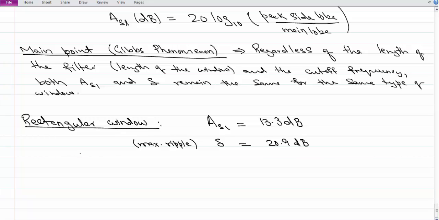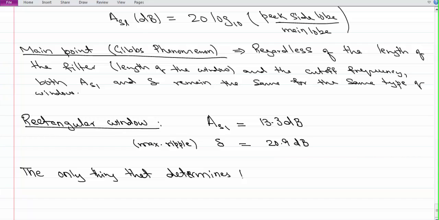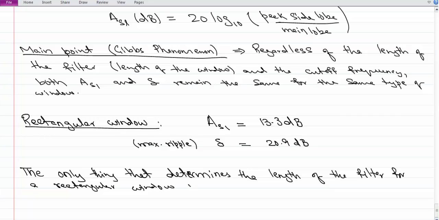So for a rectangular window, if the ripple size stays the same, then the only thing that determines the length of the filter for a rectangular window is the transition width. Okay.